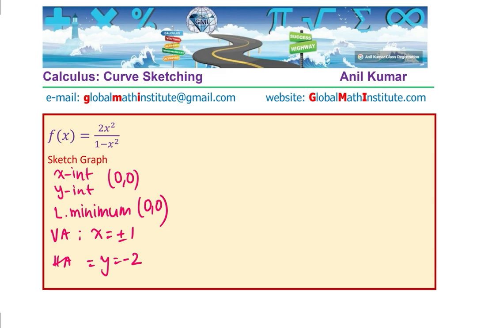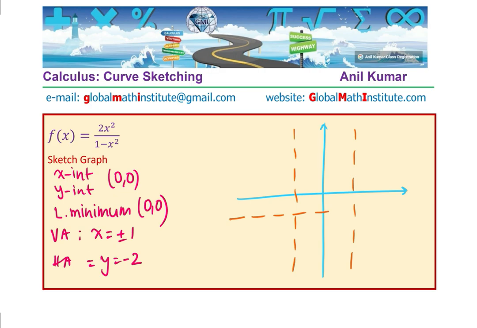So with that, let me just sketch some part of it. And also it has even symmetry, right? And there you go, we have a horizontal asymptote, which is y equals minus 2, right?